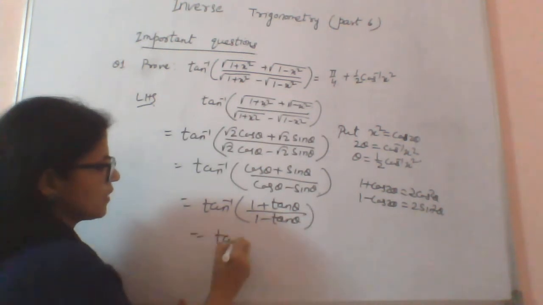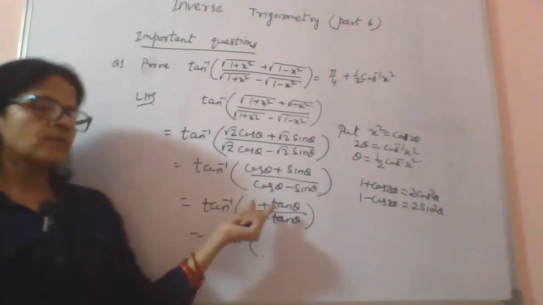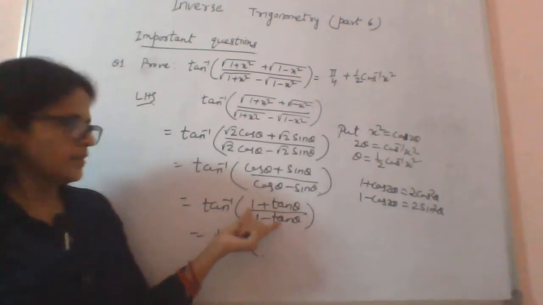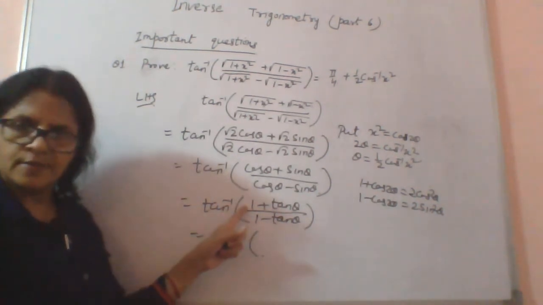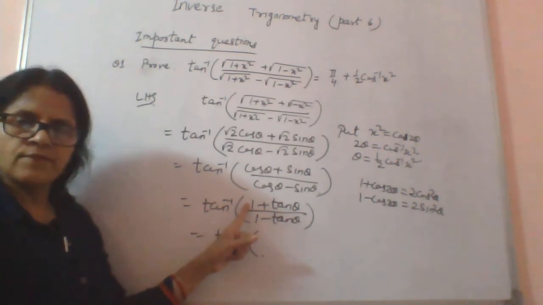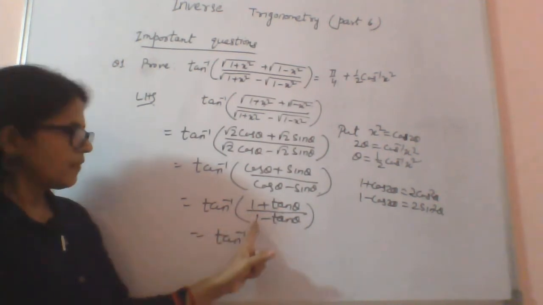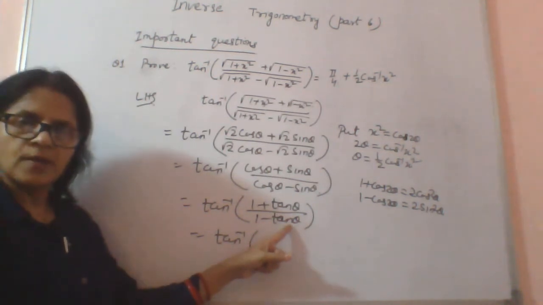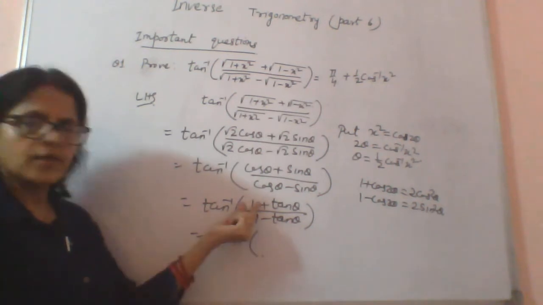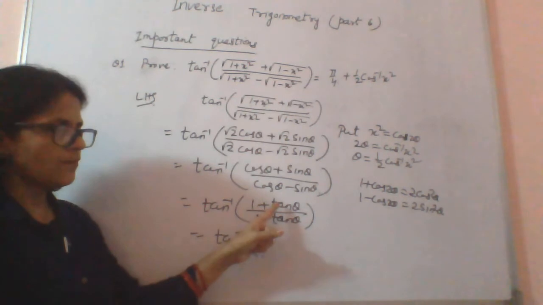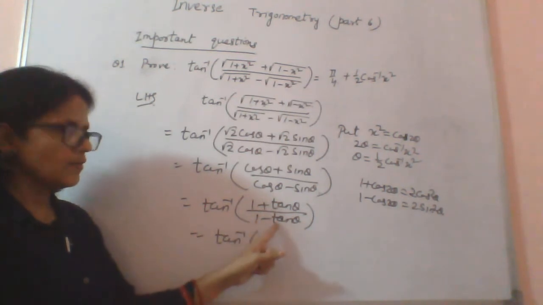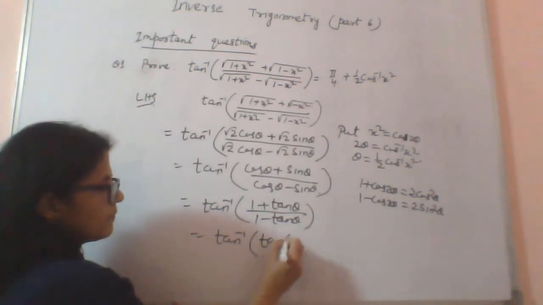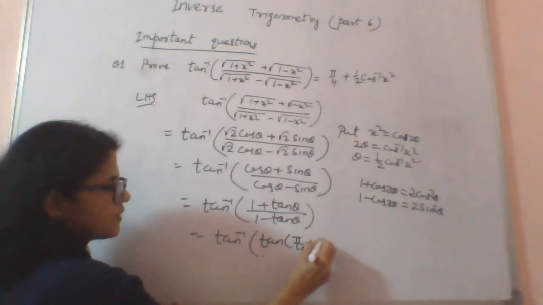Whenever you have 1 plus tan theta by 1 minus tan theta, as we have done in 11th standard also, tan pi by 4 being 1, we can write it as (tan pi by 4 plus tan theta) by (1 minus tan pi by 4 into tan theta). So it is tan of (pi by 4 plus theta).